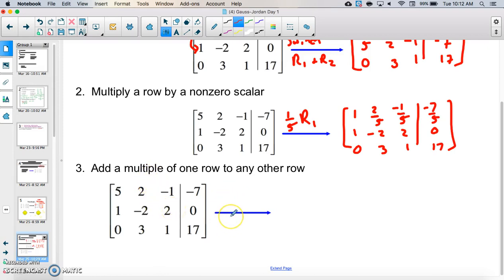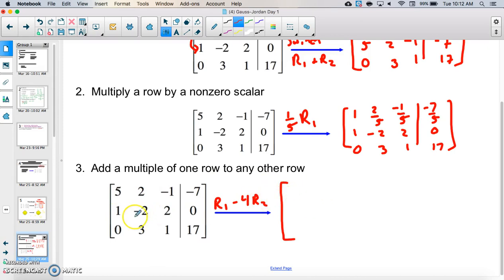For example, we could do row 1 minus 4 times row 2. When I do 4 times row 2, I get a 4 here, and 5 minus 4 gives me that 1 in this spot, which is a goal.